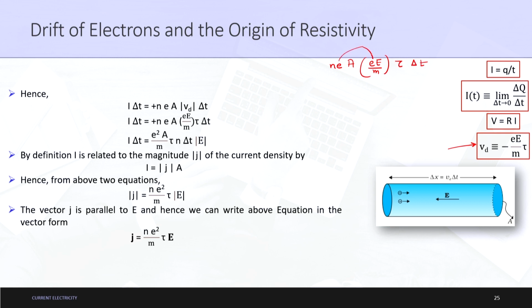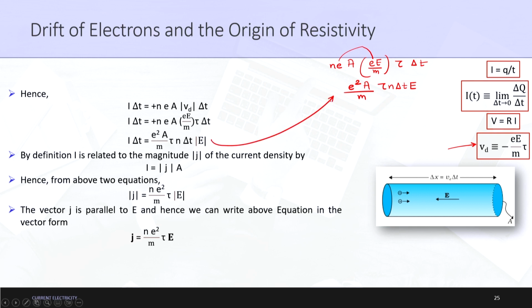This e and this e get multiplied, hence we get e square A by m into tau n delta t into E. So, this is the expression we found, which is the same as this expression.